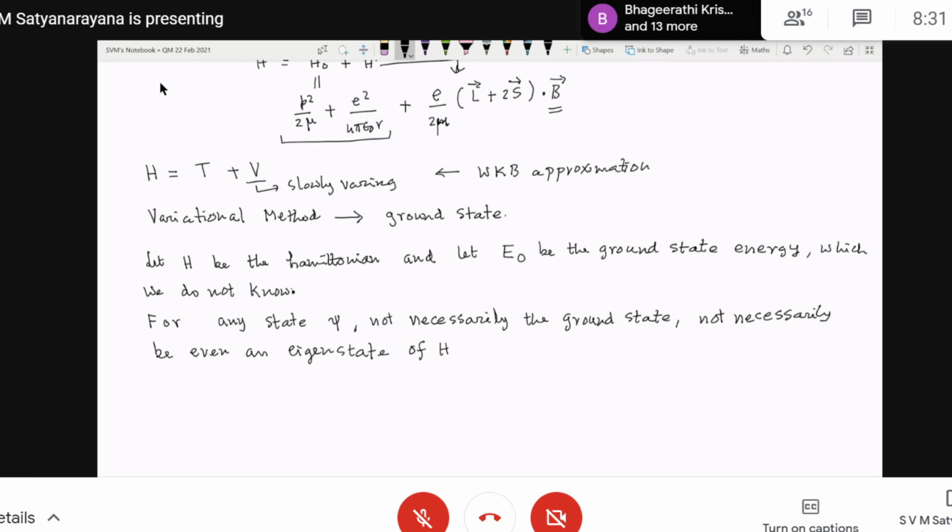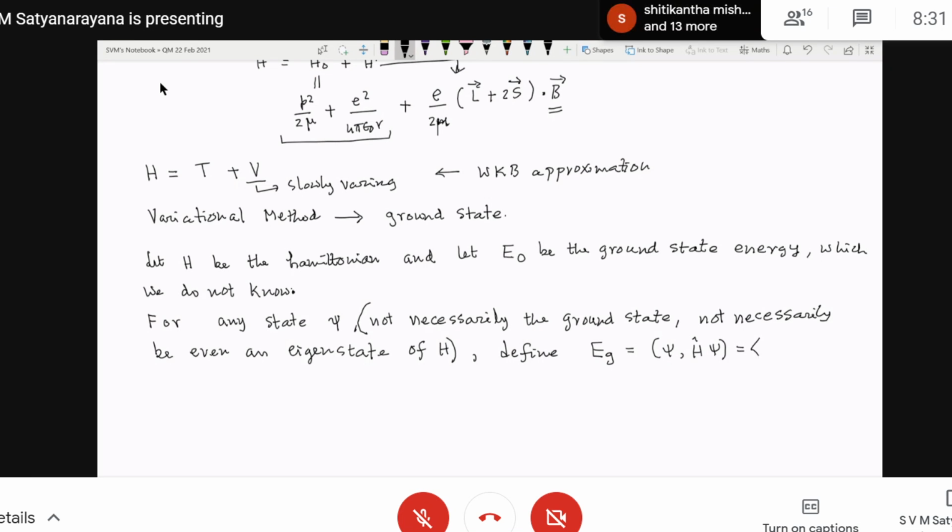So for any state psi, define Eg as the expectation value of H in the state psi.